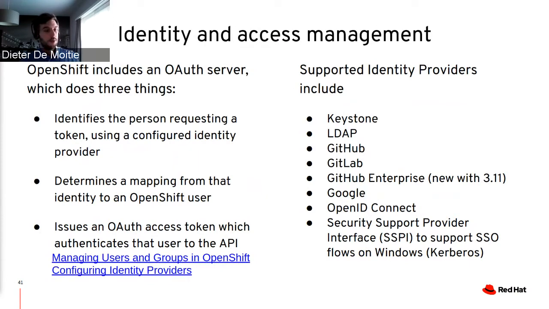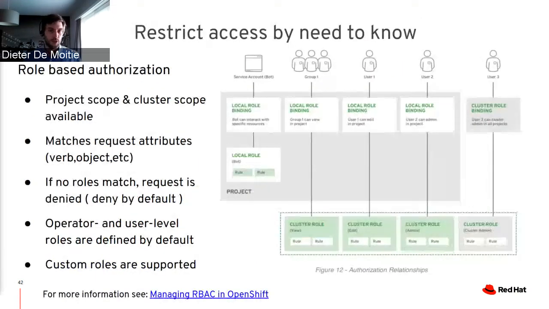And then the next step would be authorization. So you can very granularly define for each user what that user can do. Actually, for each object or each custom resource, you can say this user can get an object, or list all the objects, create objects, update objects, delete objects, and so on.